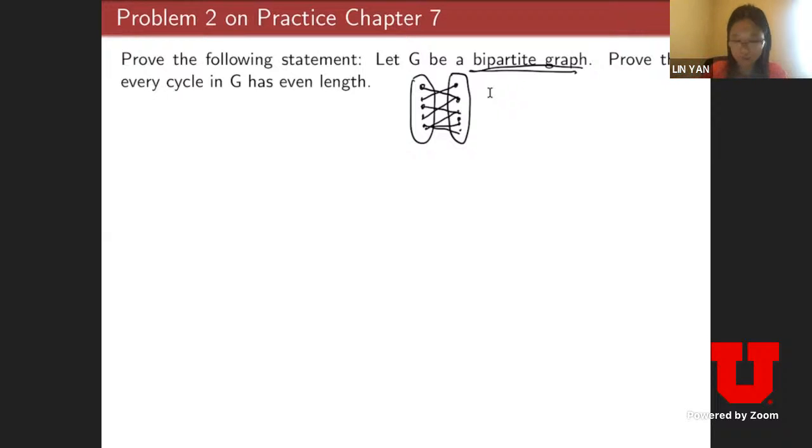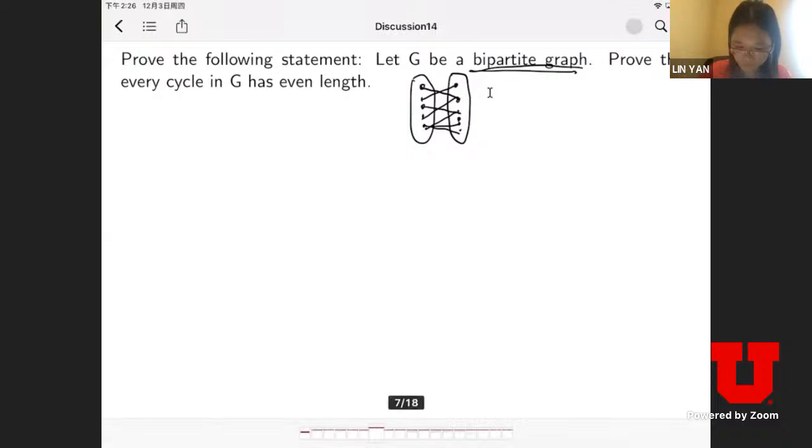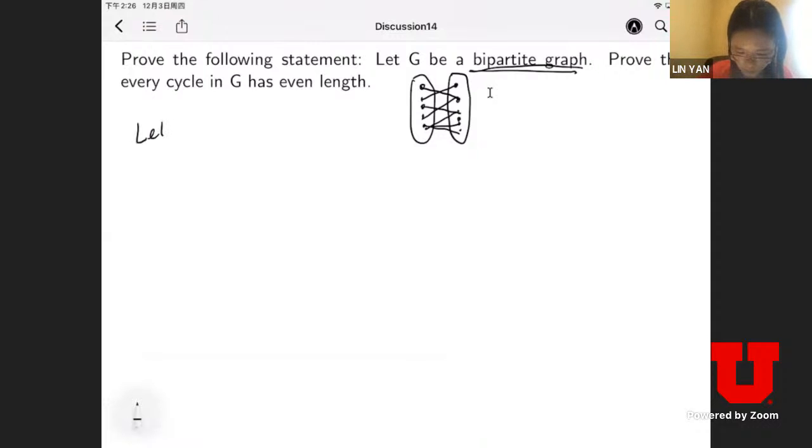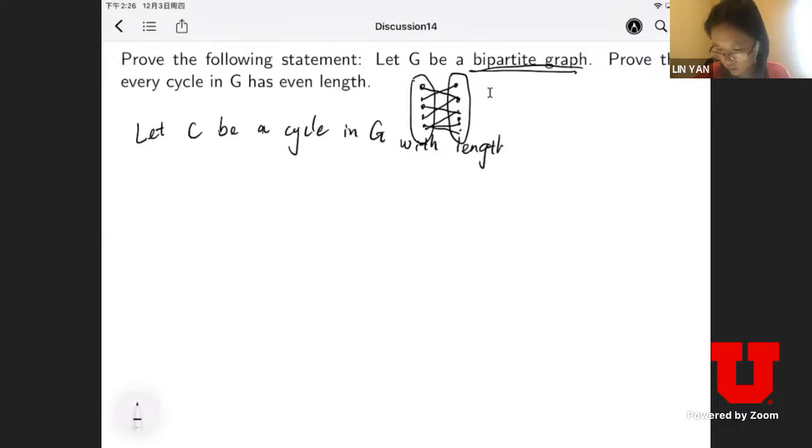Okay, let's get started. Because we need to prove every cycle in G has even length, we let C be a cycle in G with length n.